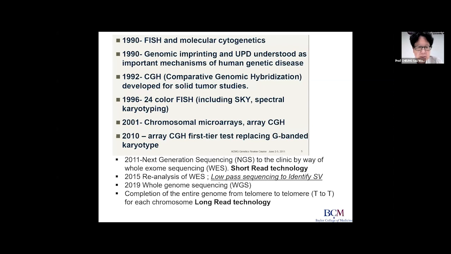Subsequently, multiple other laboratories used different microarrays in the clinical laboratory. Multiple studies were reviewed, about 30-some, and they declared that array CGH is the first-tier test replacing G-banded chromosomes.